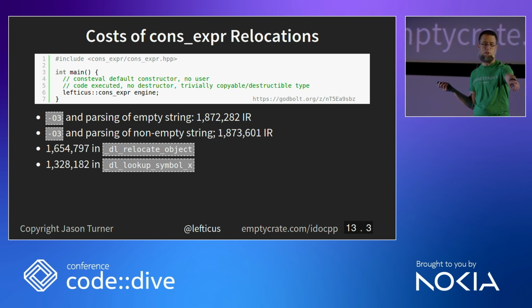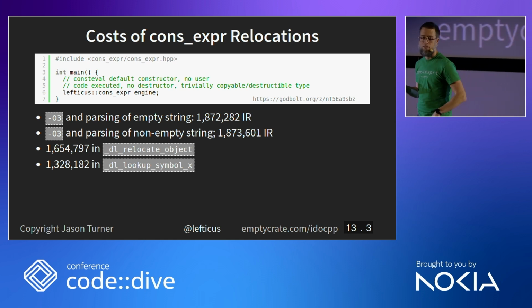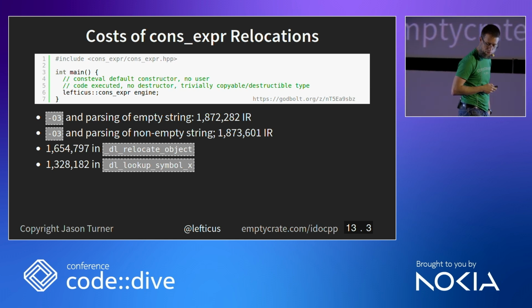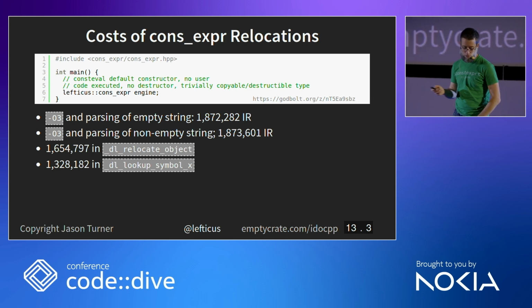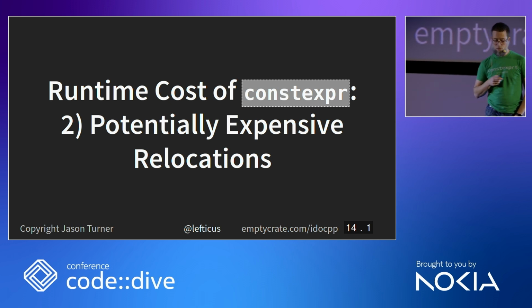All right, fine, 3 gigahertz. Yeah, gigahertz probably. But it's a thing, because I thought it was free, but it's not. And 1.3 million of those instructions is in DL lookup symbol. All right. So runtime cost of constexpr.